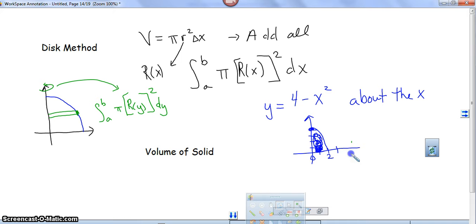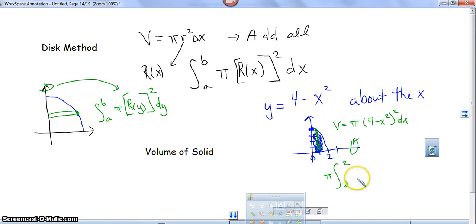I'm going to go about the x-axis, so that means my rectangle is going to be up and down. Well, you can't really see that, but there's a rectangle in there. The length of my rectangle, so volume equals pi times r. My length would be 4 minus x squared, that whole thing squared, times the width, which is dx. And I integrate that from 0 to 2. I'm just going to move the pi out front because it's a constant.